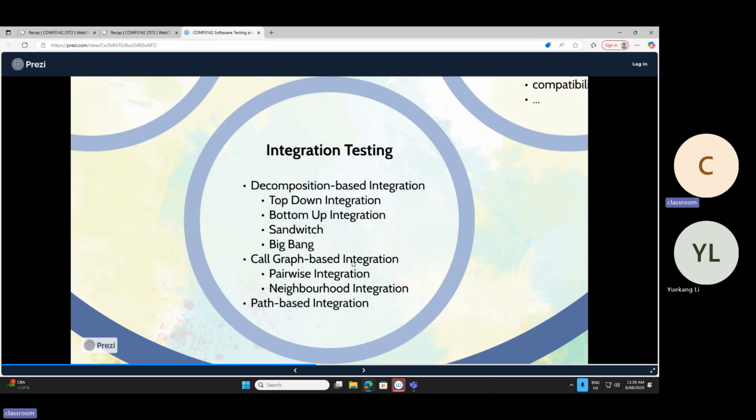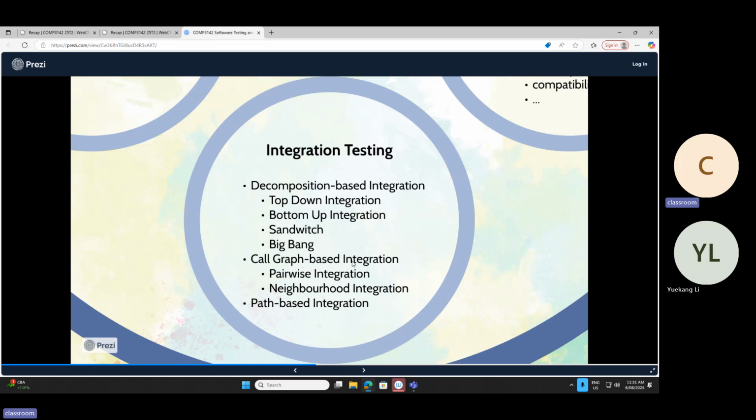The different variations of integration testing are all about how we build these integrations, right? So how do we combine different units into integrations for us to test? The first type of integration we learned is decomposition-based integration.